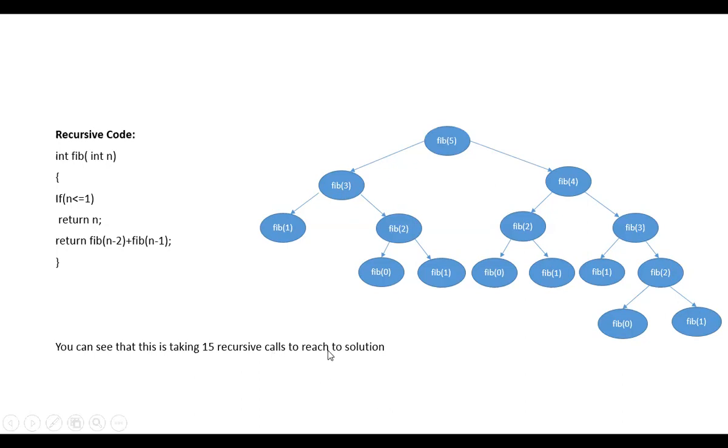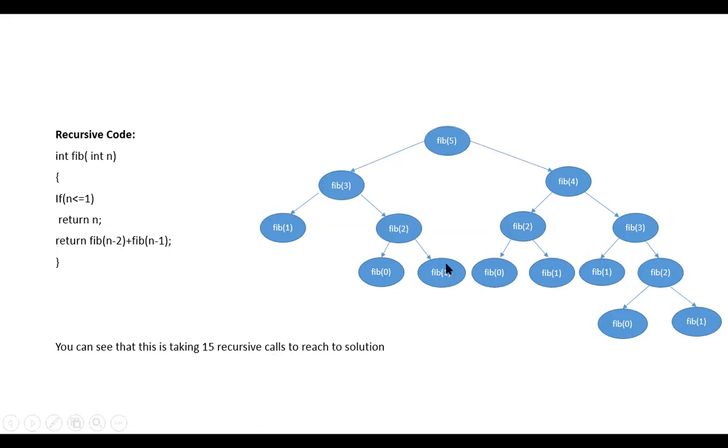And I don't think that's a very good and optimized code, because if we are calling Fibonacci 1 here, then there should be no further calling, because the result for the same input will always be the same.